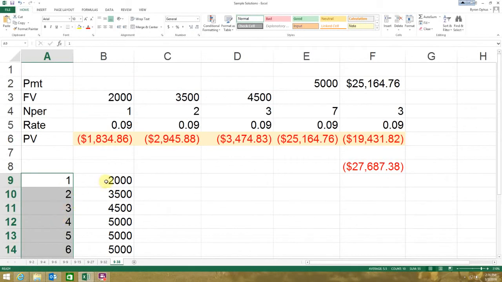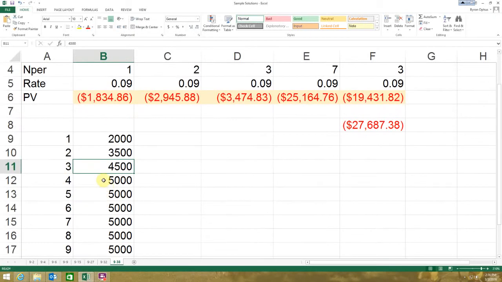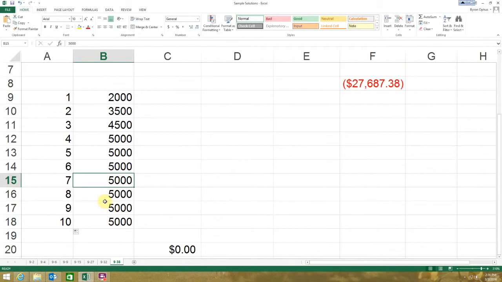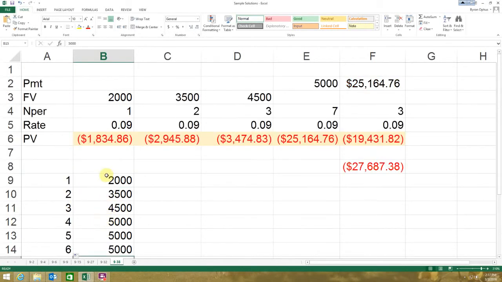I'll receive 2,000 at the end of year 1, 3,500 at the end of year 2, 4,500 at the end of year 3, and then at the end of year 4, 5, 6, 7, 8, 9, 10, I'll receive those payments. My rate is 9%, which I could even put in here, just for the heck of it.